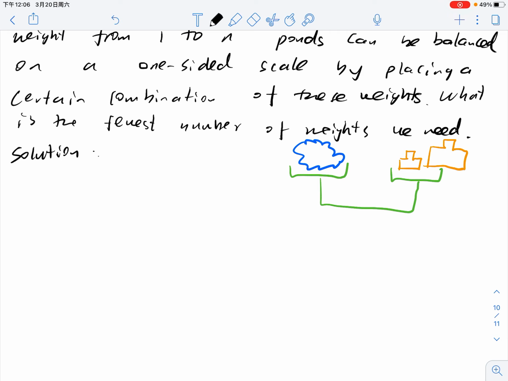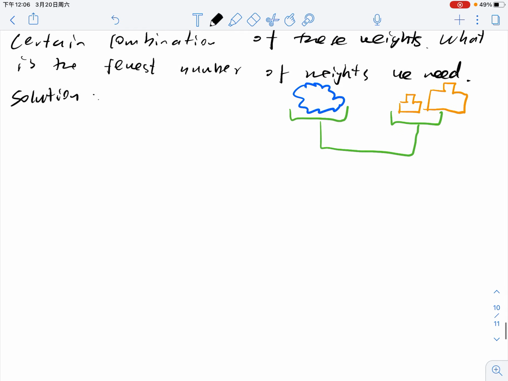First is to construct an actual scheme or the actual plan that achieves that bound. And secondly, you need to show that anything beyond that is impossible. And here we use binary numbers to construct it.